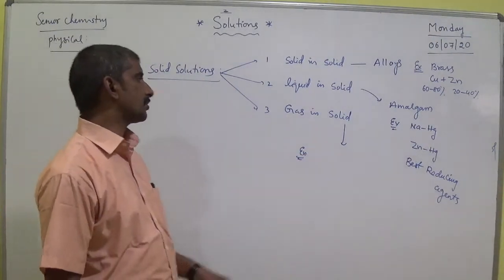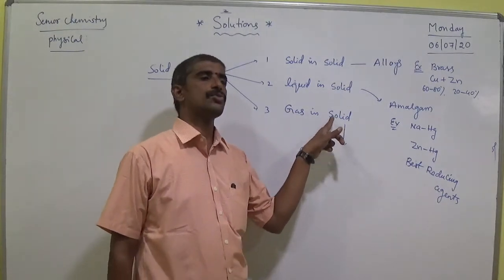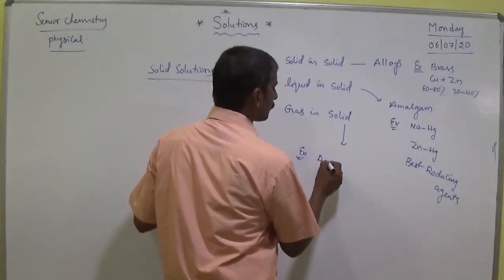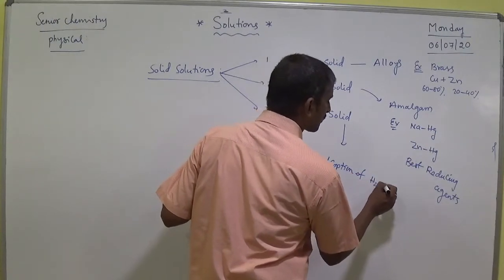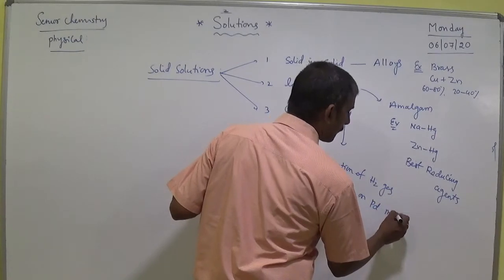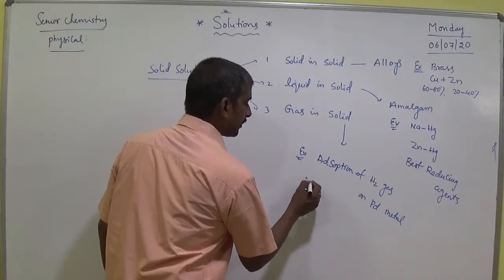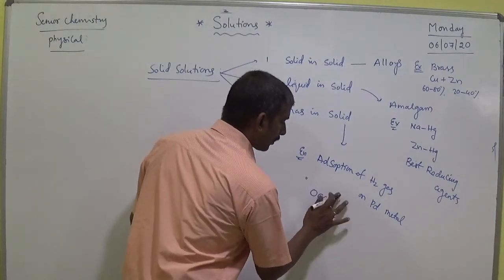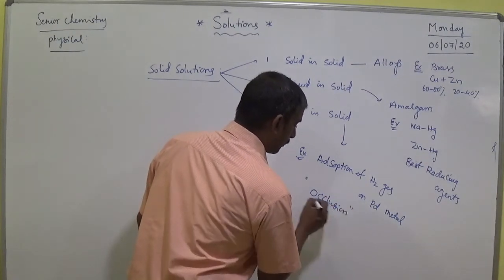Gas in solid means gas is the solute, solid is the solvent. Best example, adsorption of hydrogen gas on palladium metal or nickel metal. That process is known as, one very important definition, occlusion.